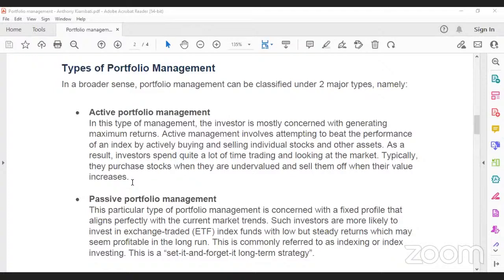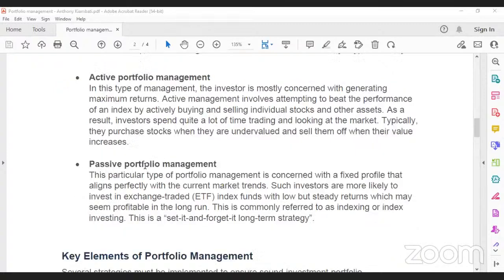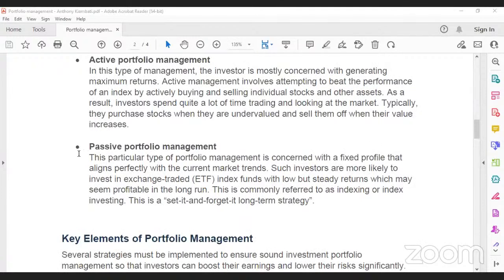For an active investor, this is the person who is going to spend quite some time trading and looking at the markets. His or her goal will be to purchase these stocks when they're undervalued and sell them when their value increases. On the other hand, there's a huge difference between an active portfolio manager and a passive portfolio manager. These two investors are doing two different things.